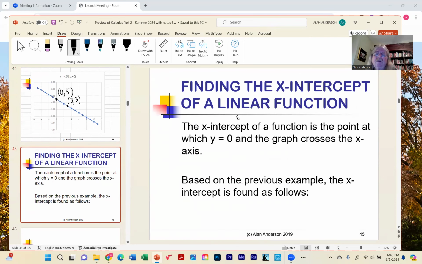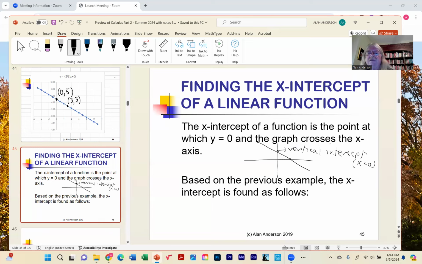Now, sometimes we may need to find out what is the x-intercept, which is the horizontal intercept, not to be confused with the vertical intercept, which is where x equals 0. Here, we're looking for the point where y equals 0. So in other words, this is the vertical intercept, which means that x equals 0.